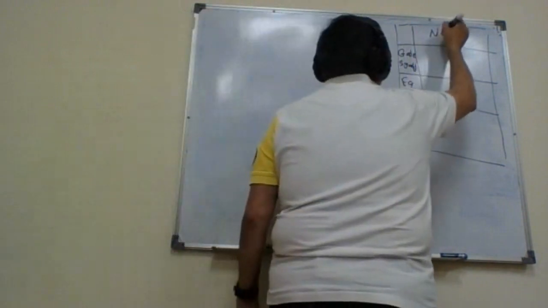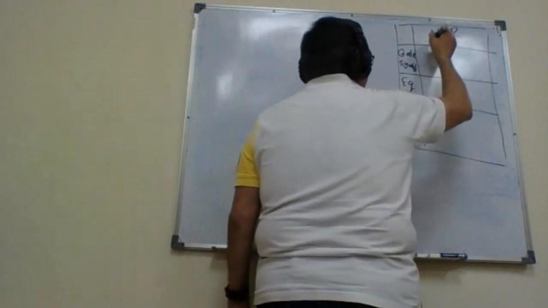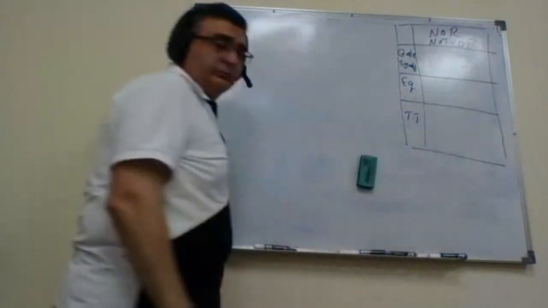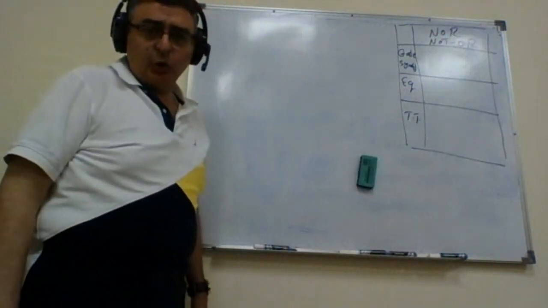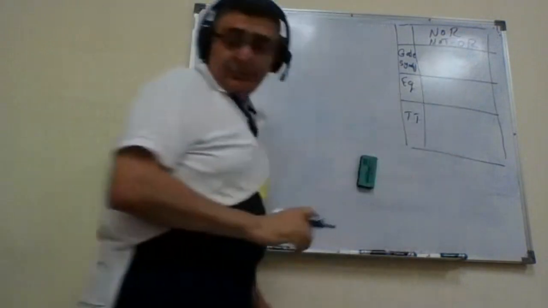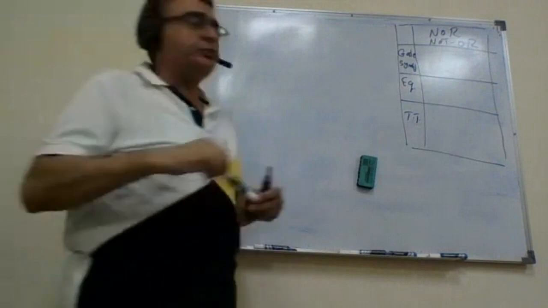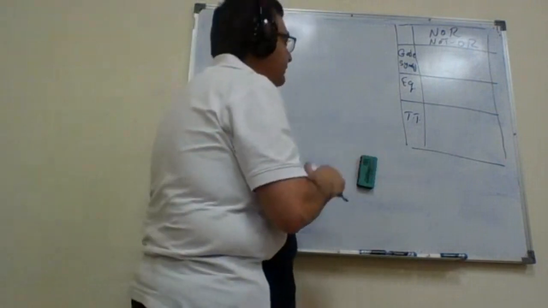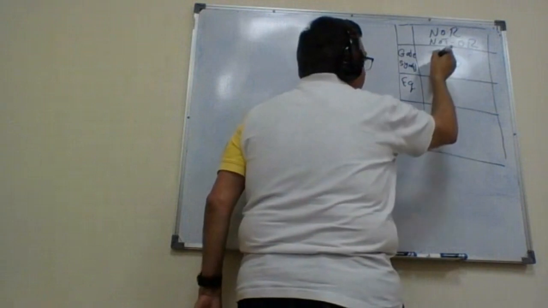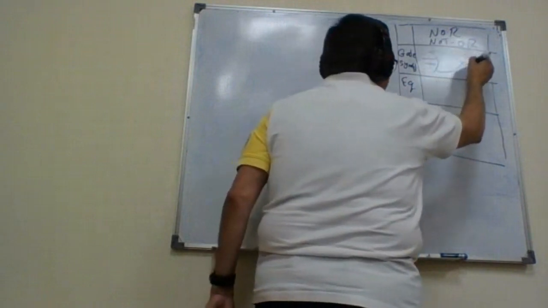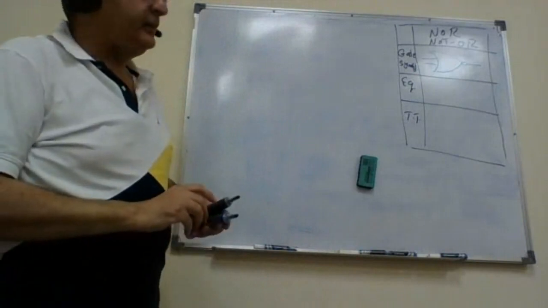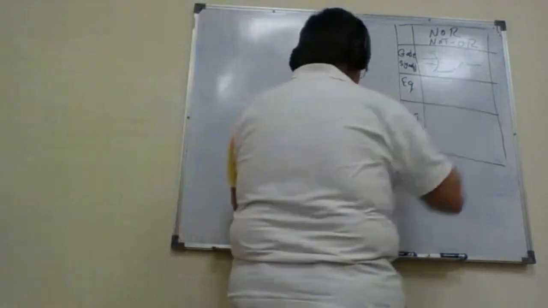The NOR is actually a not OR. So it has a shape similar to the OR gate, but it has a small circle in front of it that indicates a negated logic.